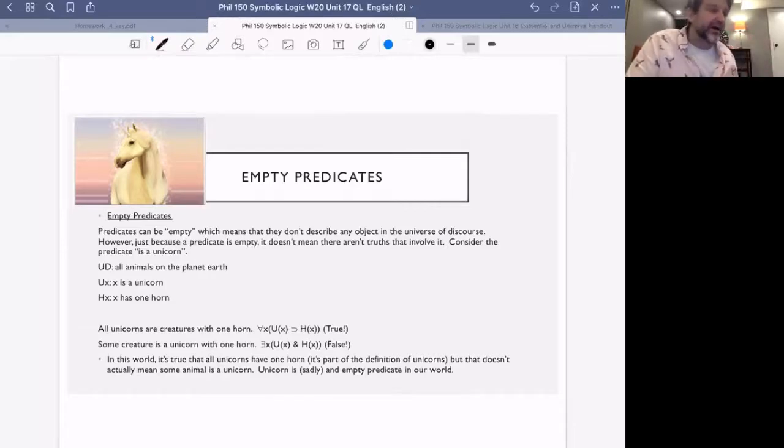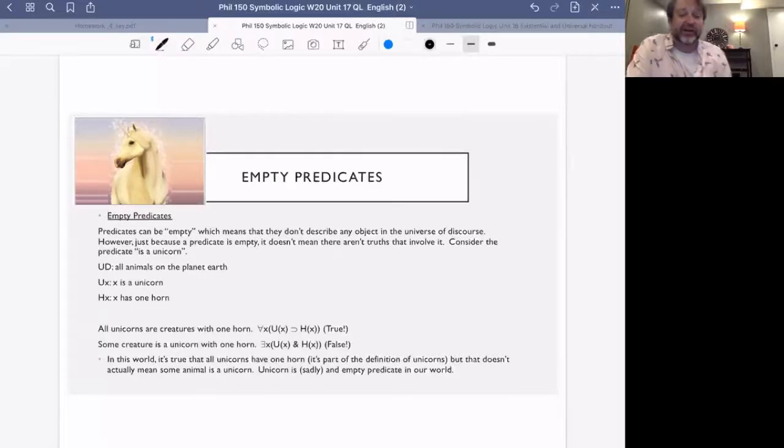Think about the language we were using previously, which had the predicate x is a dime, and it also had the predicate x is a loony. Well, suppose that our universe of discourse applied not to all coins, but only to Canadian coins. Well, in that case, the x is a dime predicate would be empty. It doesn't describe anything in our universe of discourse.